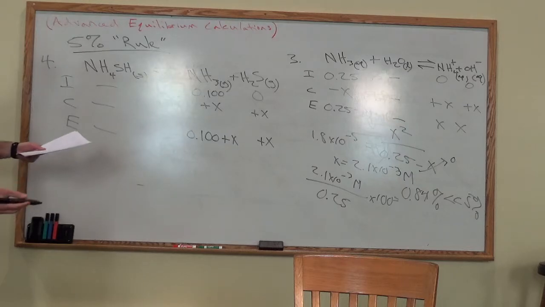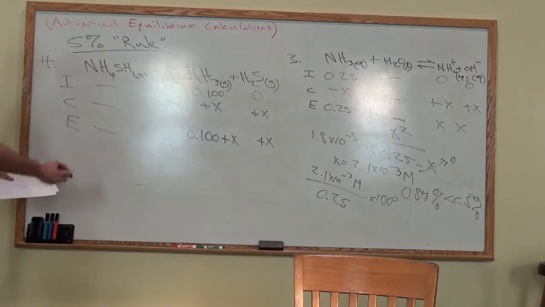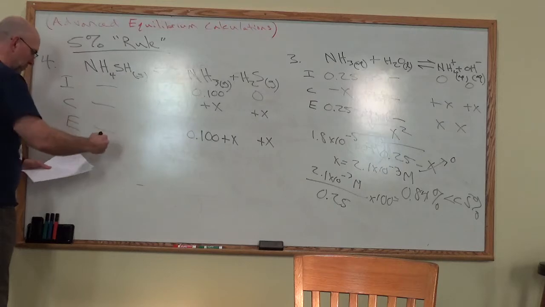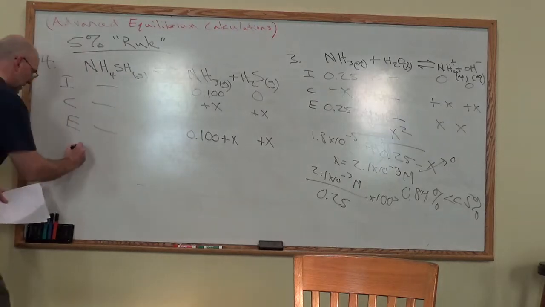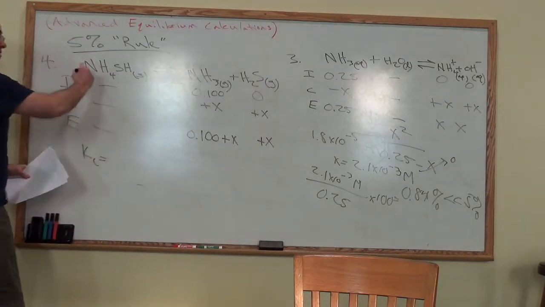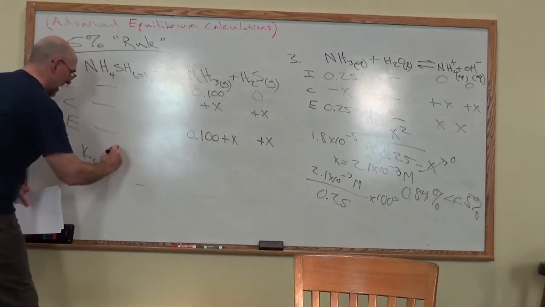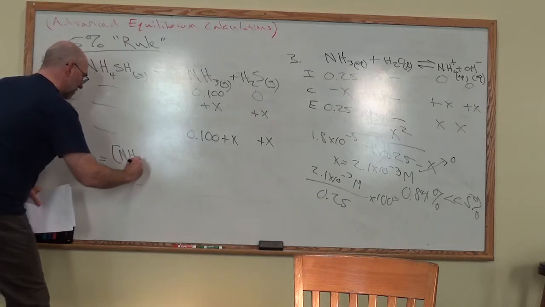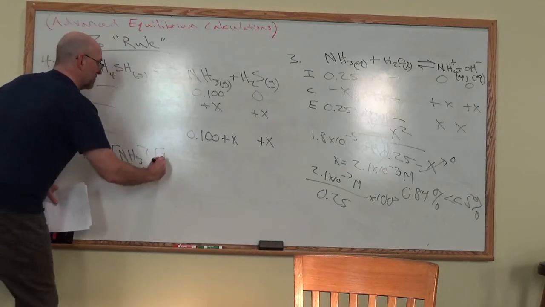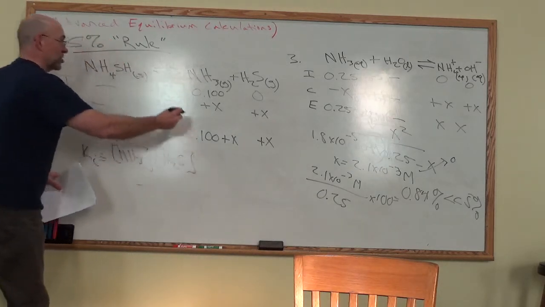Now we're home free. We're given an equilibrium constant. Remember, this is a heterogeneous equilibrium, so we don't put that there. So Kc in this case, oh, this is balanced, right? There's no squares or anything, which makes this easy. The Kc is going to be the ammonia concentration times the H2S concentration.